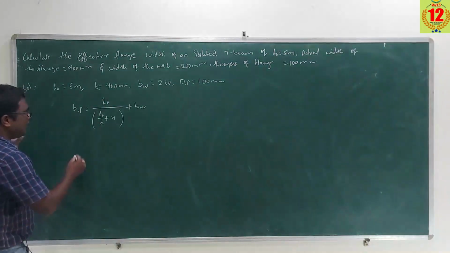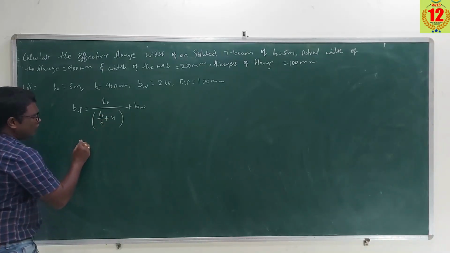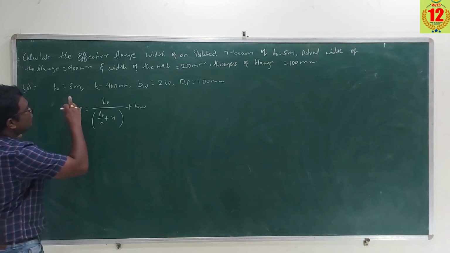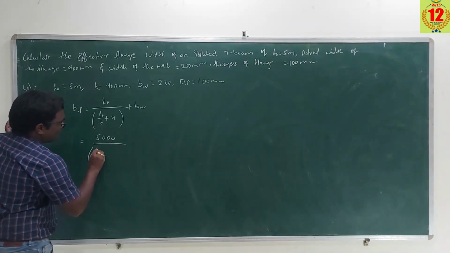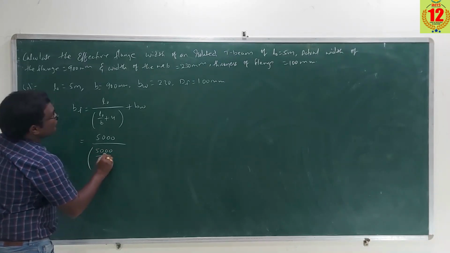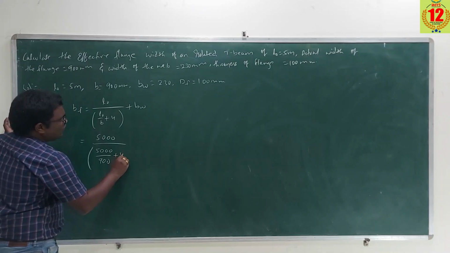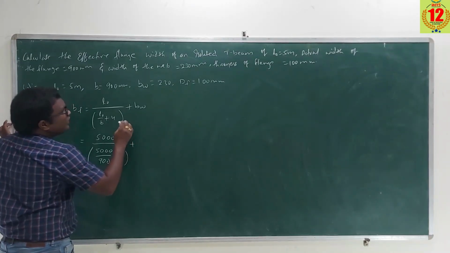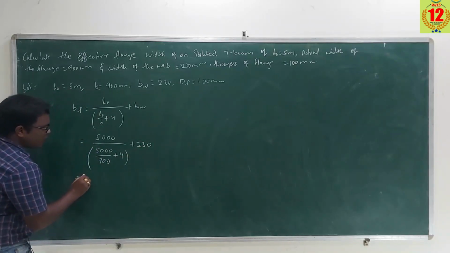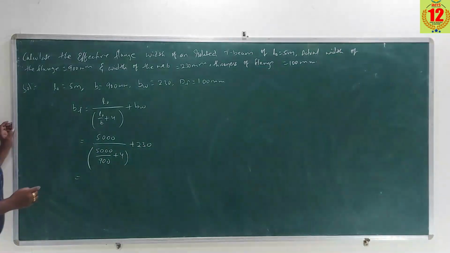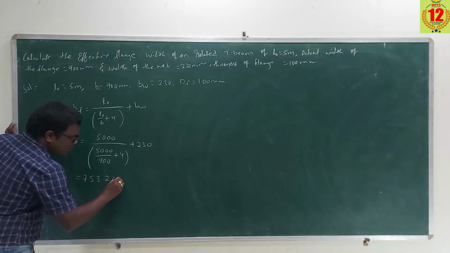Now let us calculate. BF equals L0 by (L0 by B plus 4) plus BW. Now let us substitute the values. L0 equals 5 meters, that means 5000 mm, 5000 by B equals 900 mm, plus 4, plus BW 230. Now you are going to get an answer of 753.26 mm.